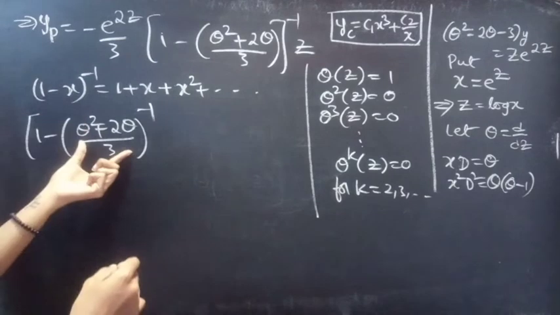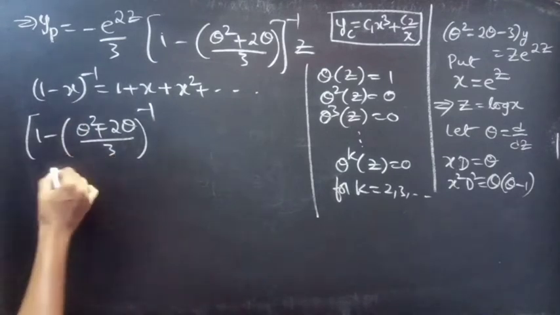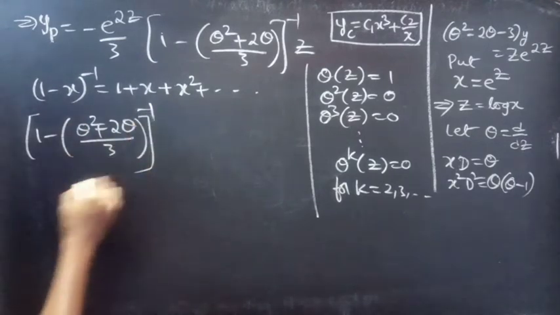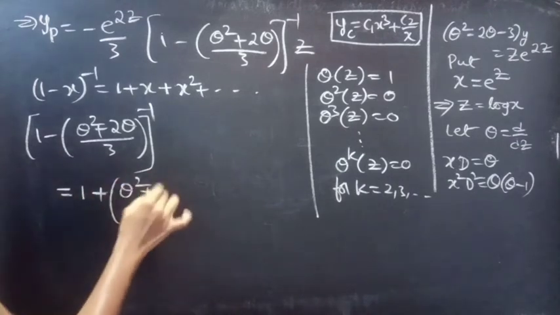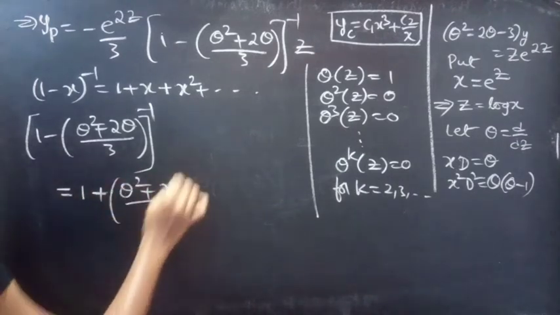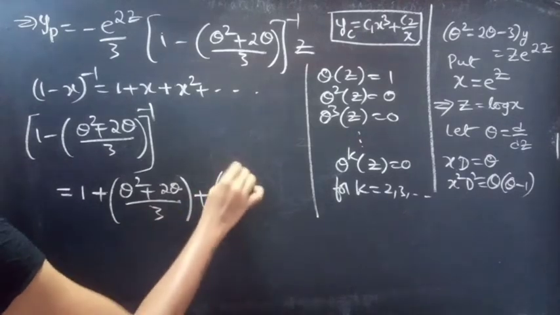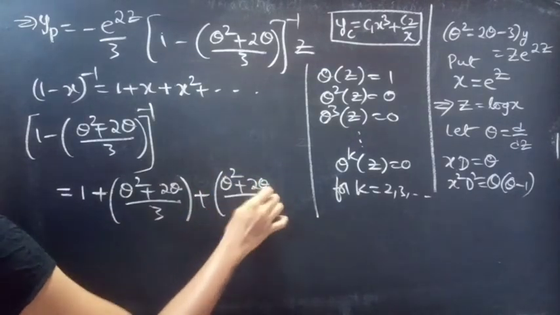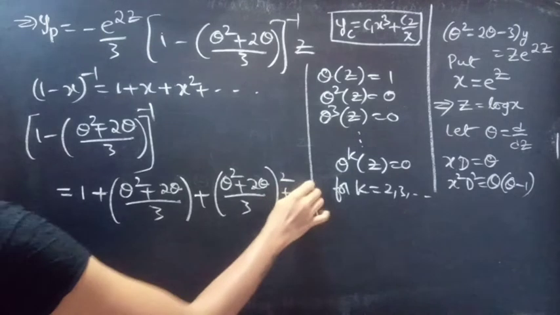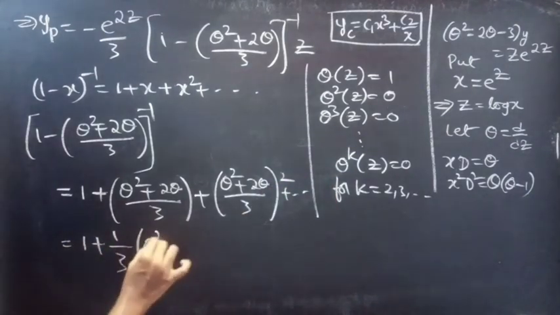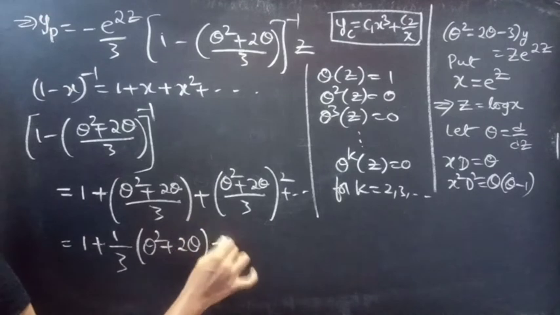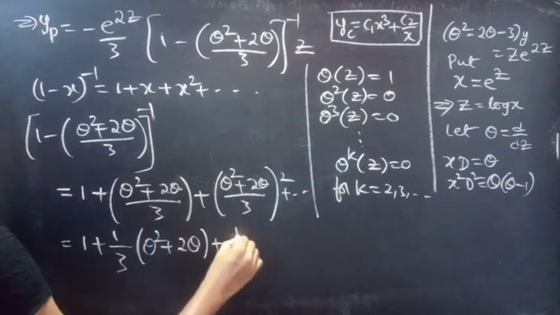For x equals theta square plus 2 theta by 3, we'll get 1 plus theta square plus 2 theta by 3 plus theta square plus 2 theta by 3 whole square plus so on. This equals 1 plus 1 by 3 into theta square plus 2 theta, plus 3 square is 9, right?